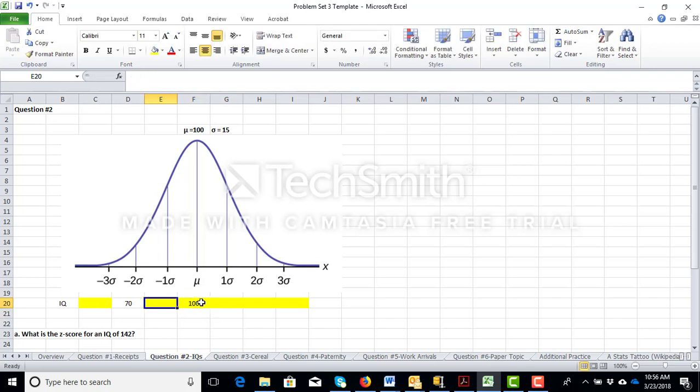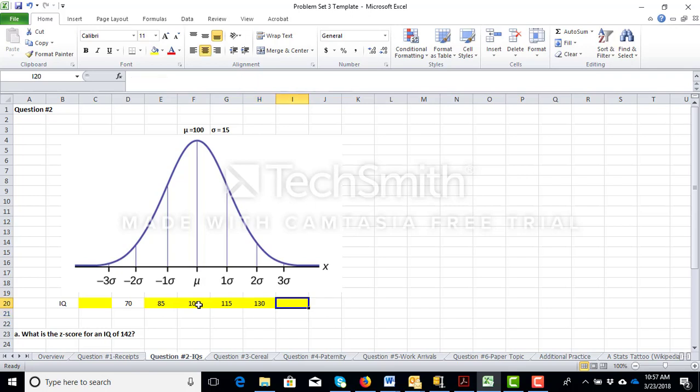One standard deviation below the mean would be 100 minus 15, right? Because that's the standard deviation. One standard deviation above the mean would be 100 plus 15. You see where I got those numbers from? Two standard deviations above the mean would be 100 plus 15 plus 15, 130.